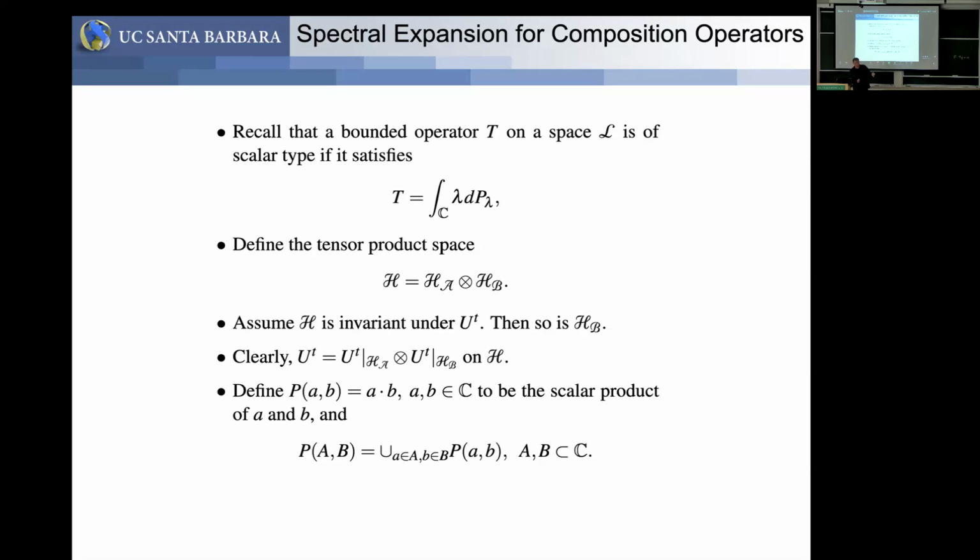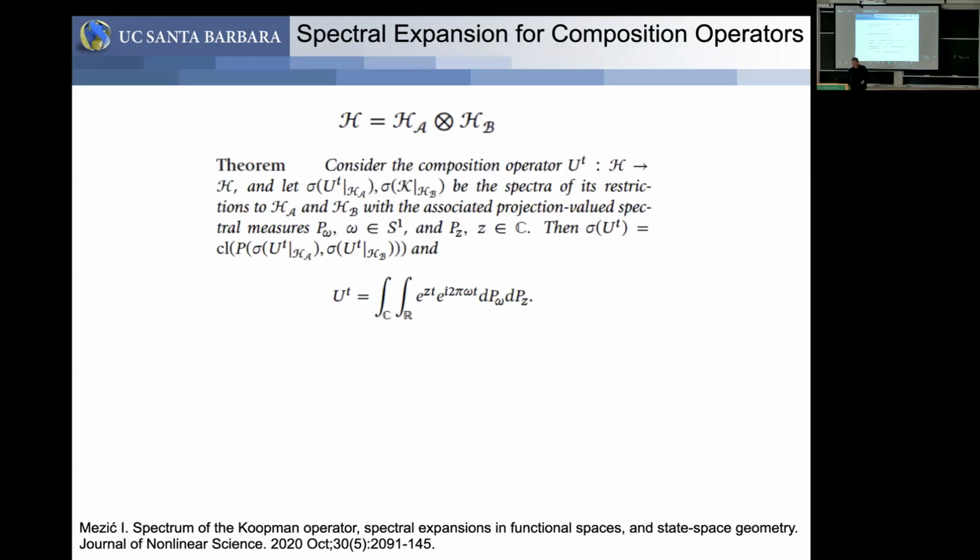So that's what it is in infinite dimensional spaces. Construct the product space of these L2 functions on the attractor and analytic functions off the attractor. And then your Koopman operator is going to be a product operator on that space. And then we're going to define this, if we have sets A and B, the product of these sets is going to be the union of the products of points in it.